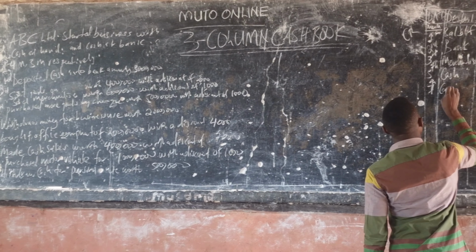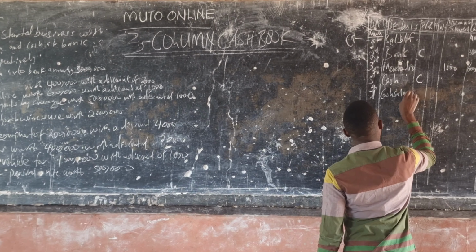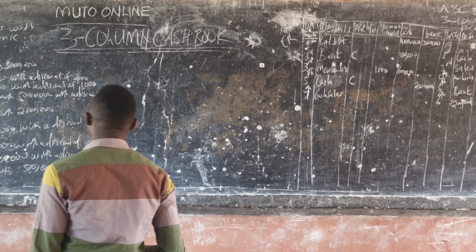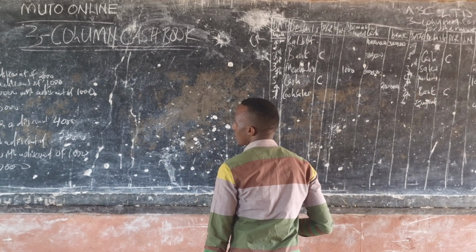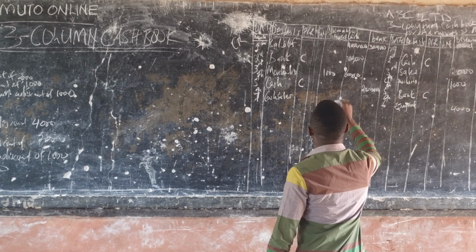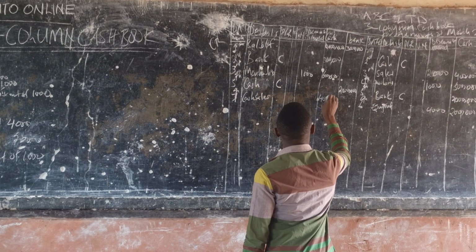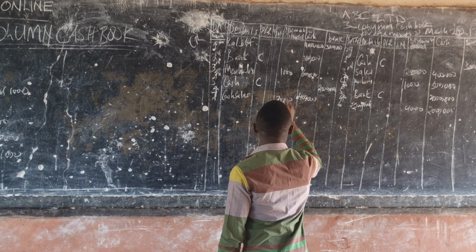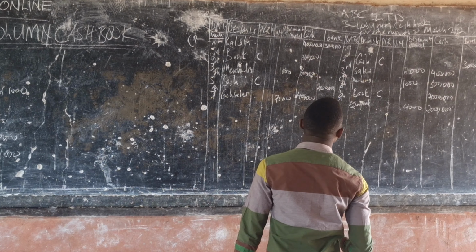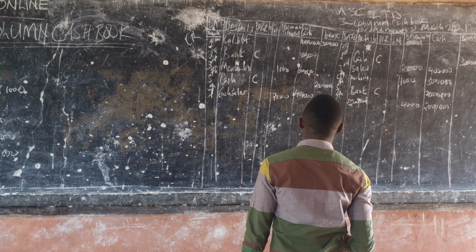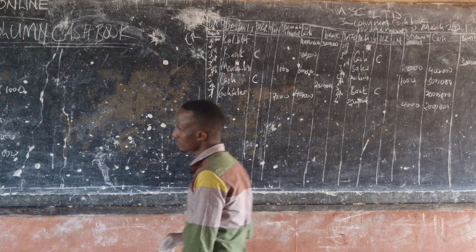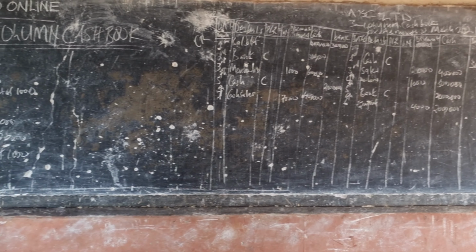Again, cash sales worth 400,000 cash with a discount of 7,000.